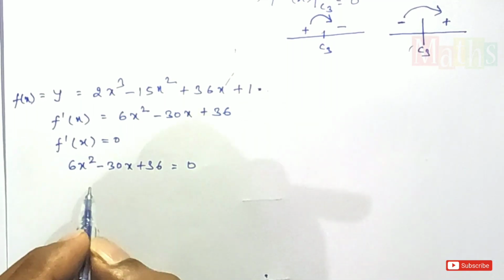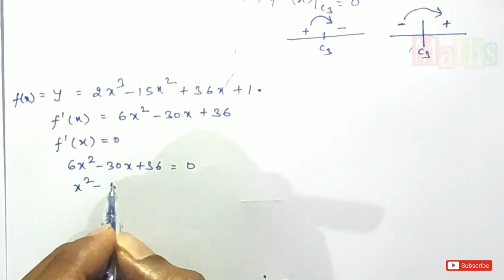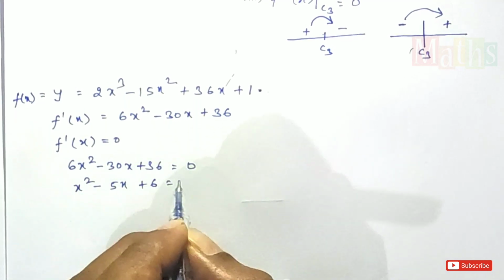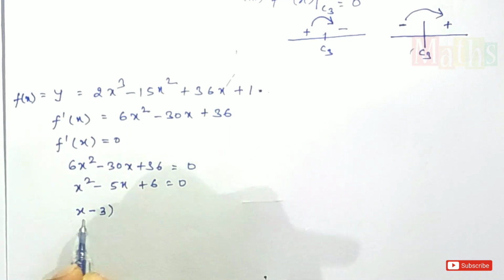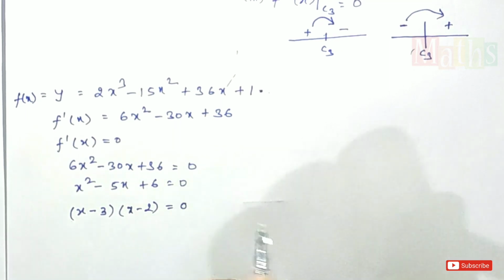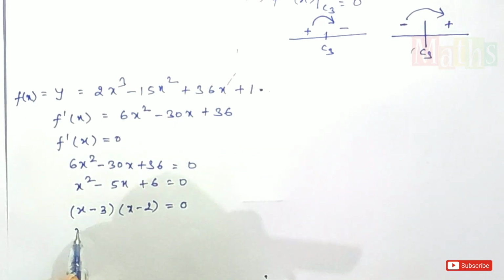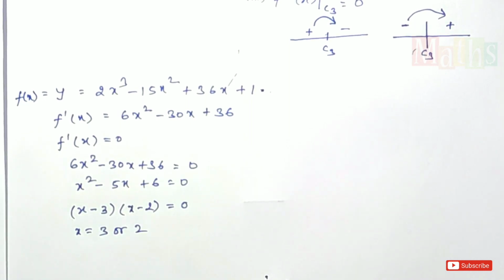Find the value of x. 6 is common, so x square minus 5x plus 6 is equal to 0. Two factors are here, x minus 3 and x minus 2, using the middle term splitting method. And from here x is equal to 3 or 2. Two values are there: first is 3, second is 2.